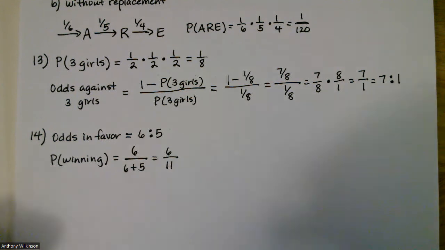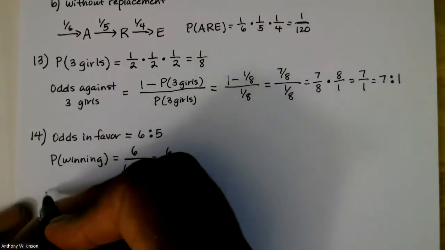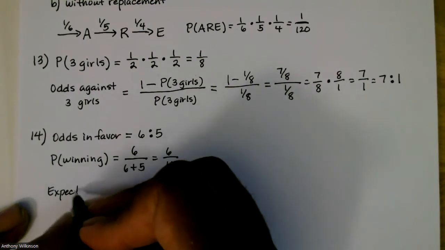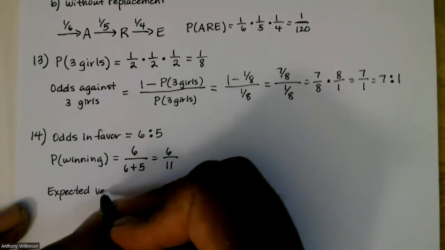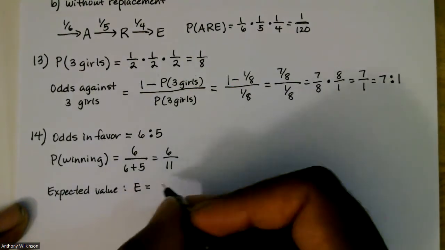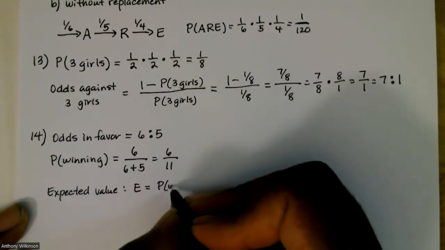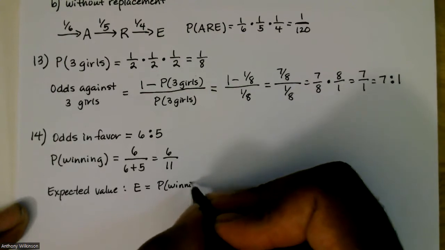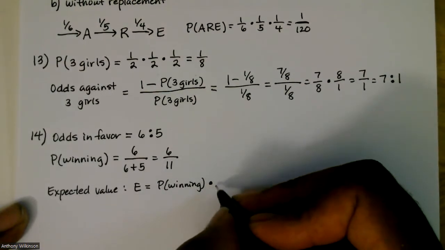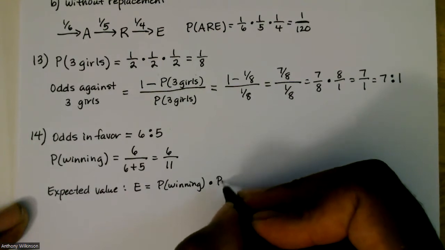Now for the expected value. That's, of course, E is equal to the probability of Fast Leg winning multiplied by the prize amount.